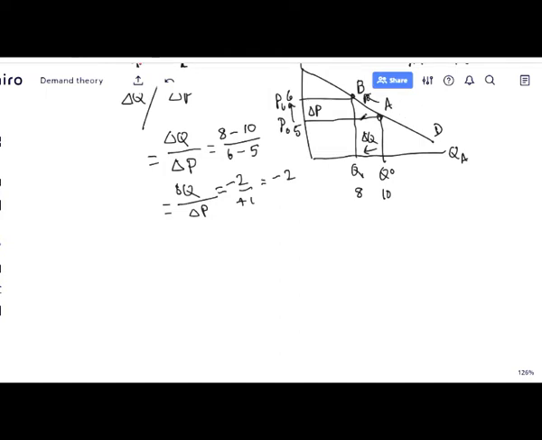Technically what we are doing, this is the change in quantity and this is the change in price. So we're dividing this by this, right? Since all of you are science students, if you go back to your mathematics, this was x, this was y, and this is change in y, and this is change in x.